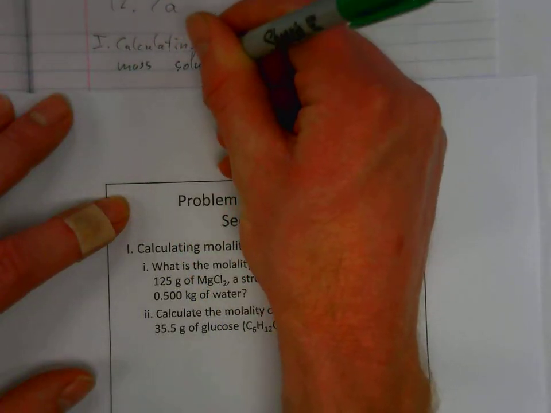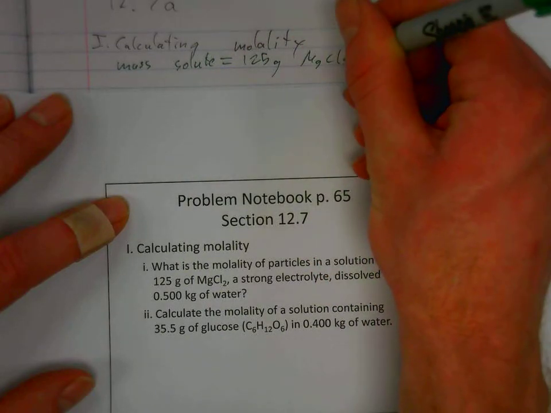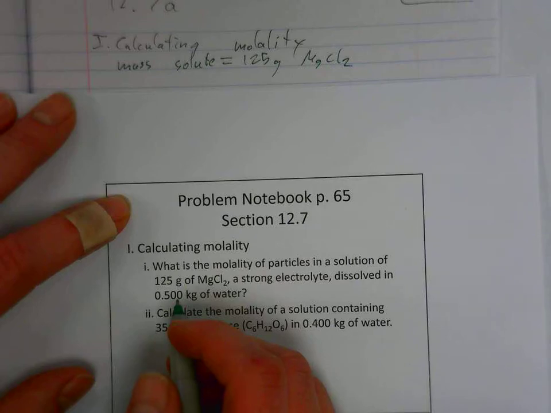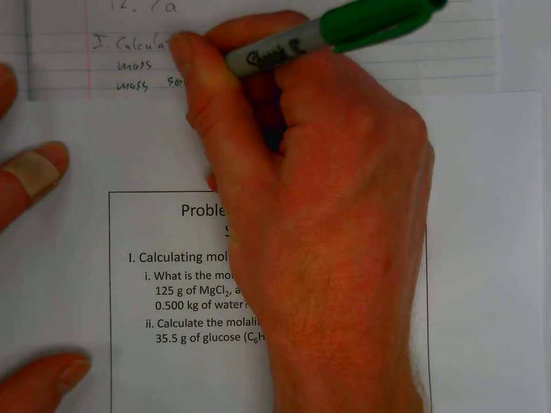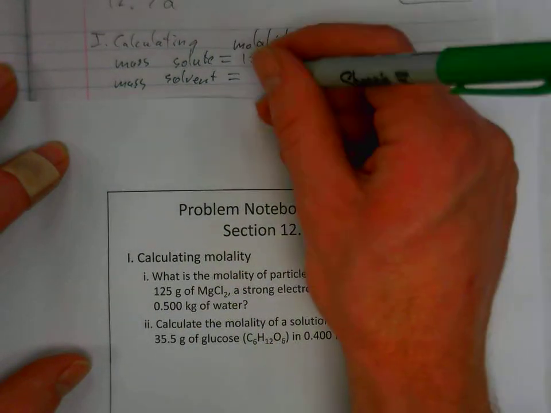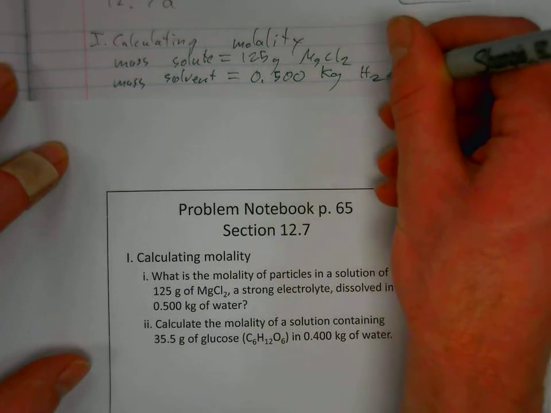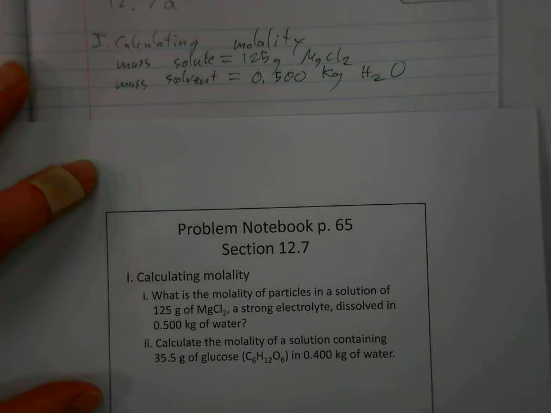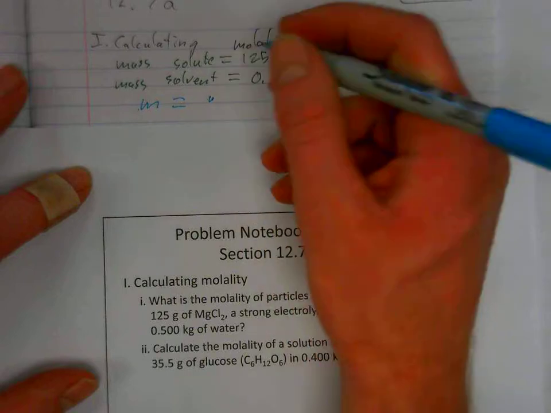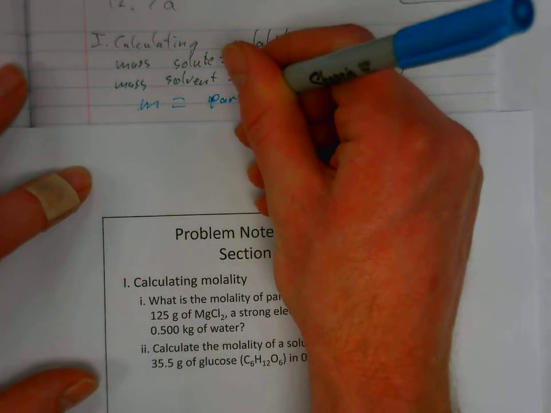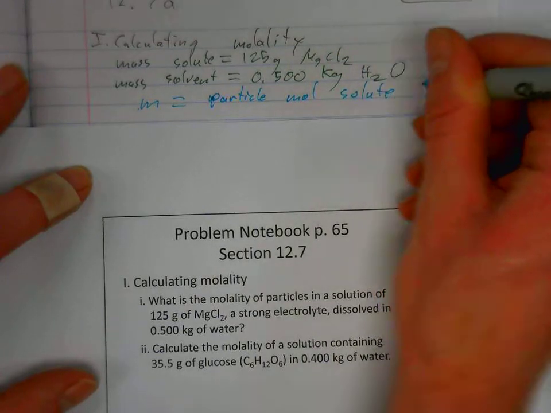Then we also have the mass of the solvent, which is 0.500 kilograms of water. Now the molality equation is, lowercase m is the particle moles of solute divided by the kilograms of solvent, which would be water in this case.